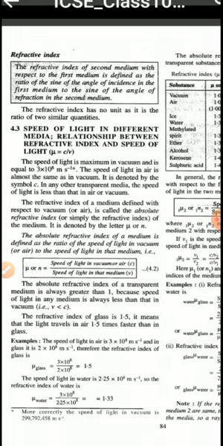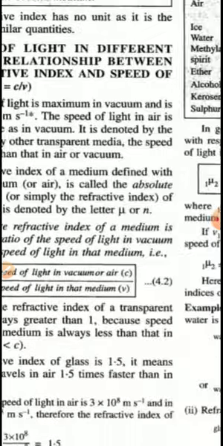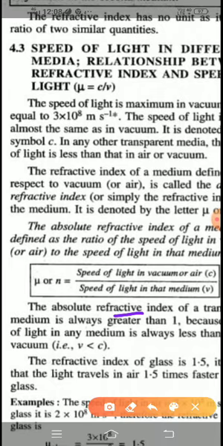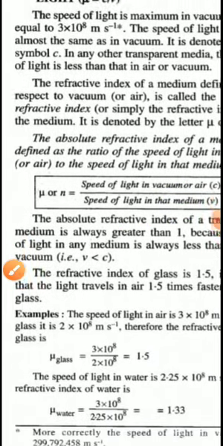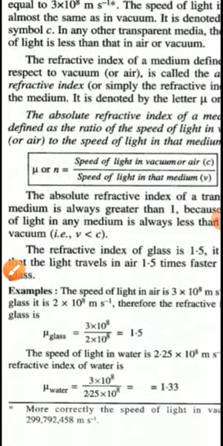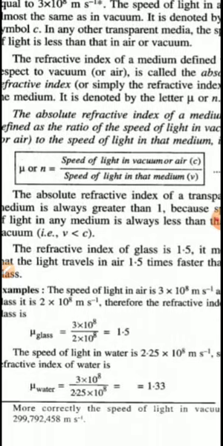Your refractive index formula is speed of light in air divided by speed of light in that particular medium. So for whichever medium I want to find, I divide the speed of light in air by the speed in that medium. First case, I want to find for glass, so I have to know the speed of light in air as well as in glass.